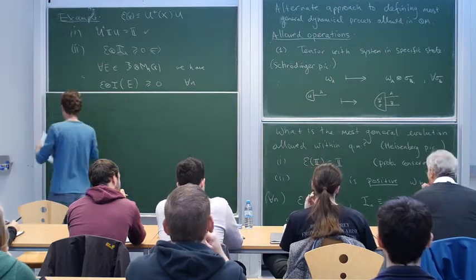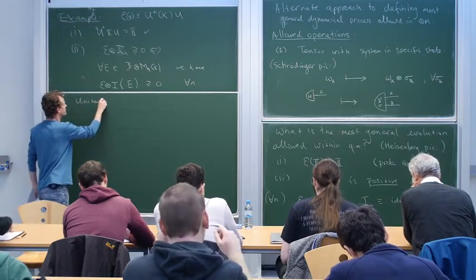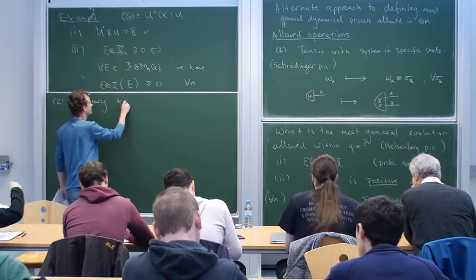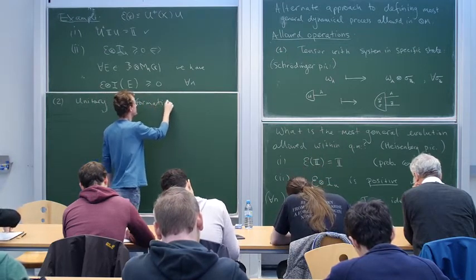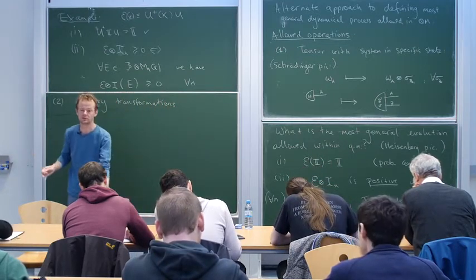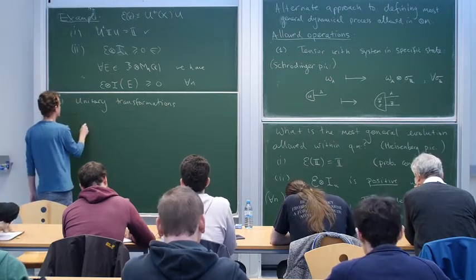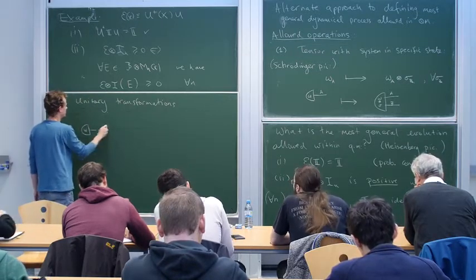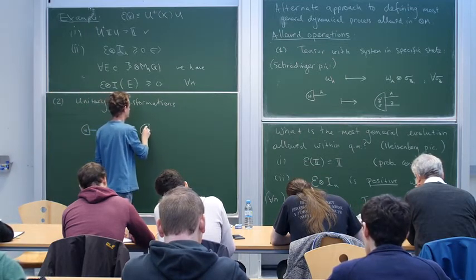So the second thing we're going to allow is, well, unitary transforms, right? That's one of the original postulates of quantum mechanics. That's allowed. So in a unitary transformation in the Schrödinger picture, you take some state and you map it to some other state.